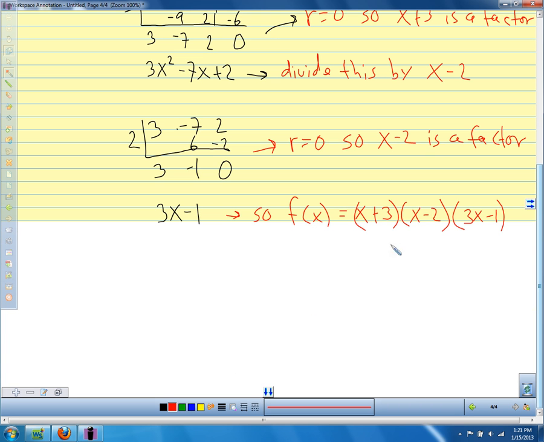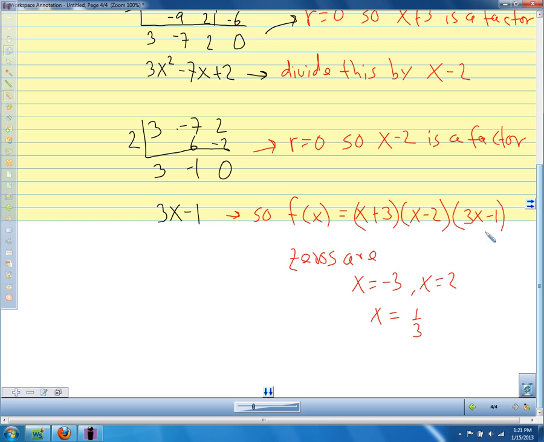And what this also tells us is that the zeros are x equals negative 3, x equals 2, and x equals 1/3. Those are going to be the zeros of the function. That's where the function is going to cross the x-axis.